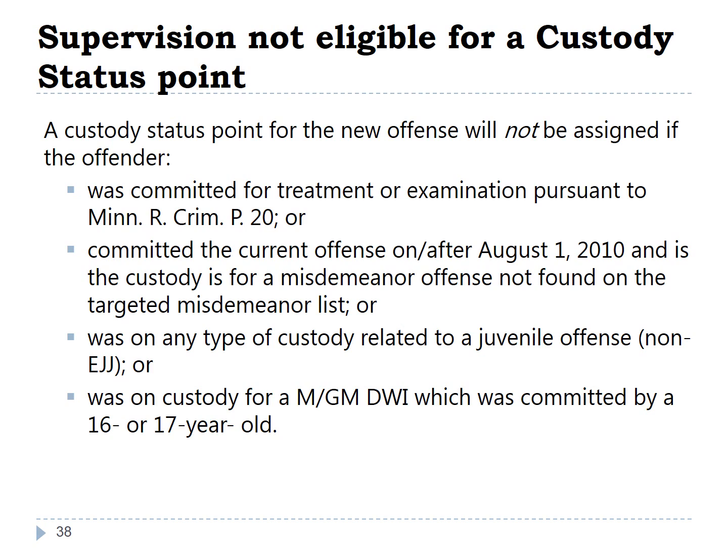If they are under custody related to a juvenile offense, non-EJJ juvenile offenses, it won't count. And then finally, custody for a misdemeanor or gross misdemeanor DWI committed by a 16 or 17-year-old. And in fact, you can just cross any of those offenses off your criminal history list because they're not going to be used anywhere in criminal history.